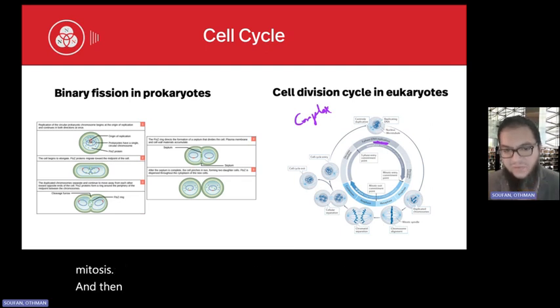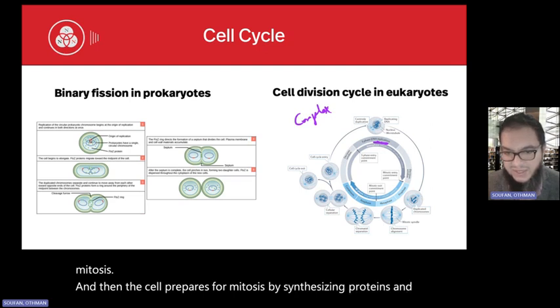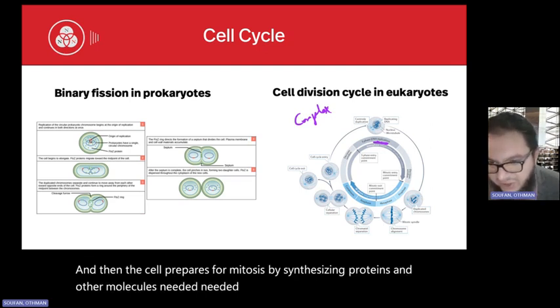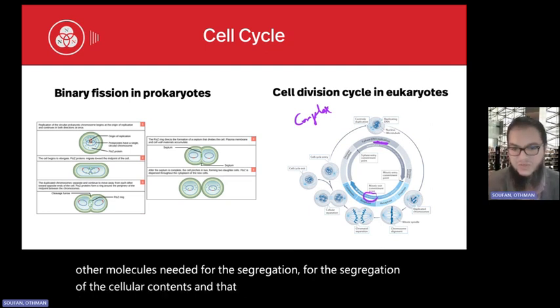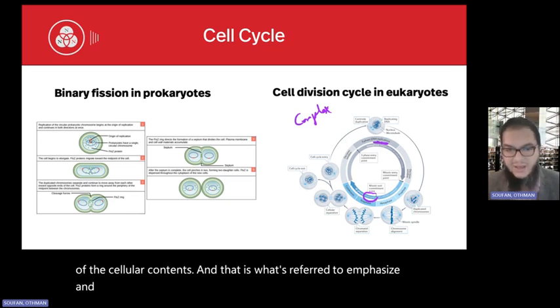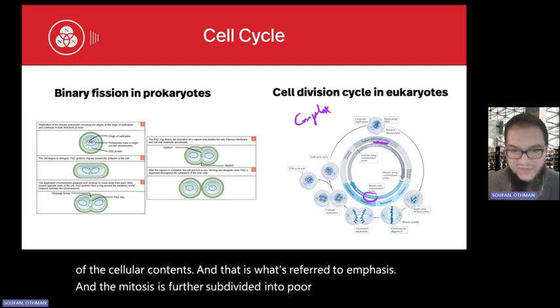The cell prepares for mitosis by synthesizing proteins and other molecules needed for the segregation of the cellular contents, and that is what's referred to as the M phase. Mitosis is further subdivided into prophase, metaphase, anaphase, and telophase.